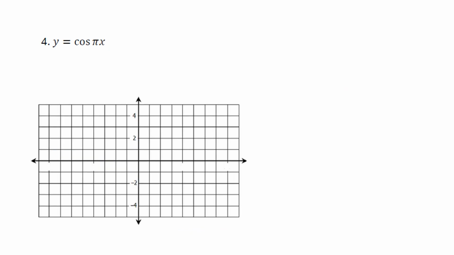All right, y equals cosine pi x. So our amplitude, let's erase these little scribbles. Our amplitude equals the absolute value of 1, which is 1. Our period equals 2 pi divided by the absolute value of b, which is pi.